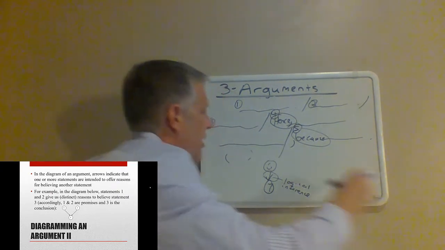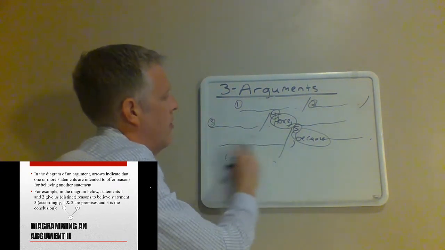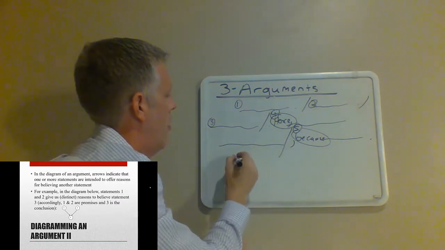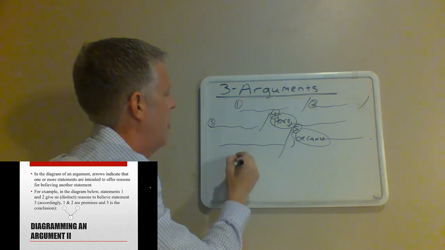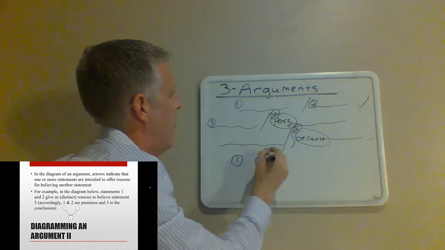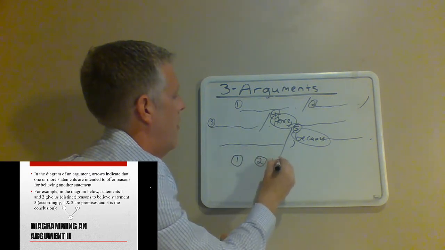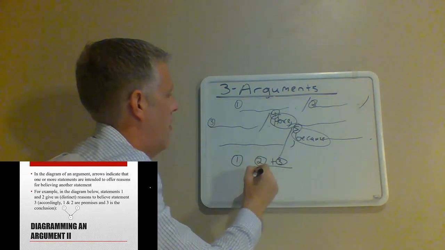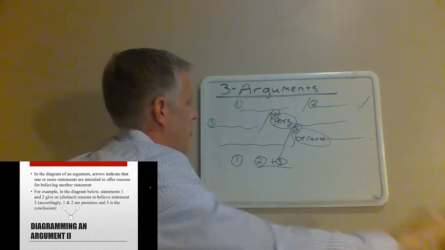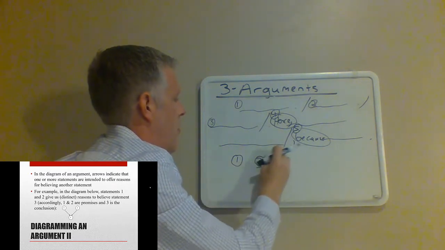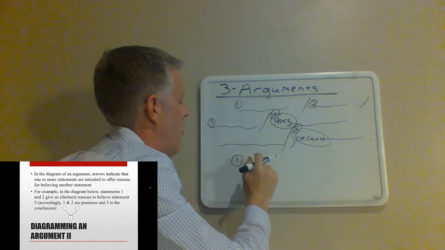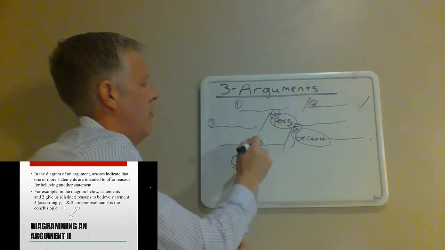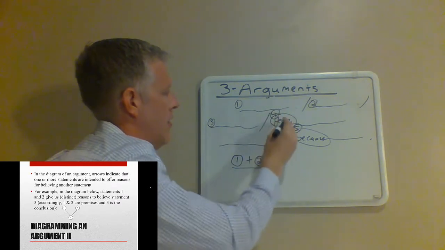So this might look something like, let's see, what would this one look like? I mean, it could look something like this. It could be these first two things on their own leading to 4, let's say.